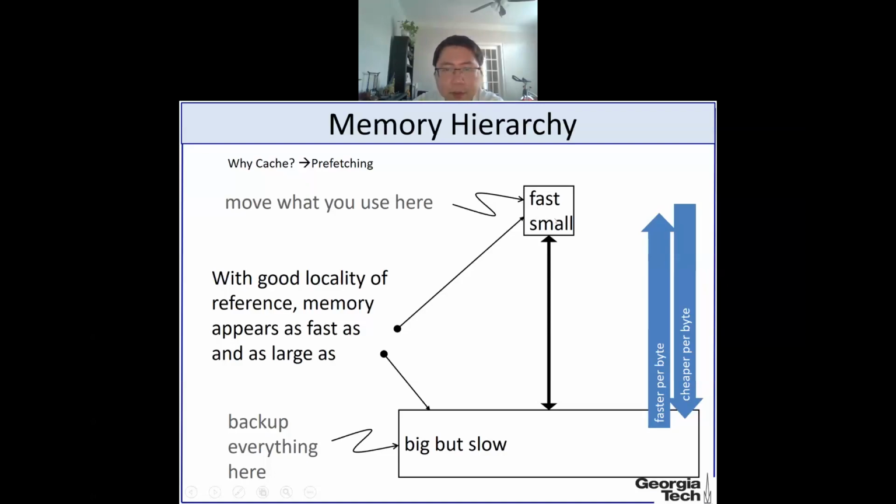This is because small means fast. And DRAM or flash can have very large capacity. You can save a lot of data, but accessing that data will be slow. So simply, you can think that big means slow, and small means fast.